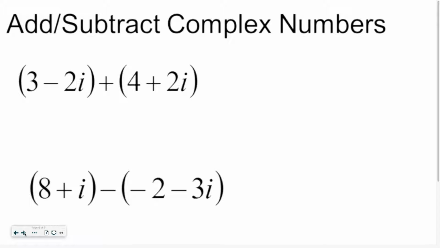Okay, let me ask this to the class. Any groups think they got a good idea for adding the first two numbers? 3 minus 2i plus 4 plus 2i? You got 7? How did you get 7 from that?